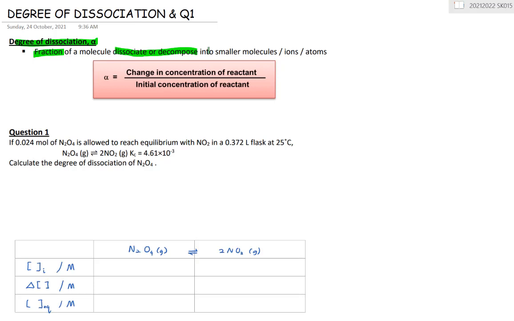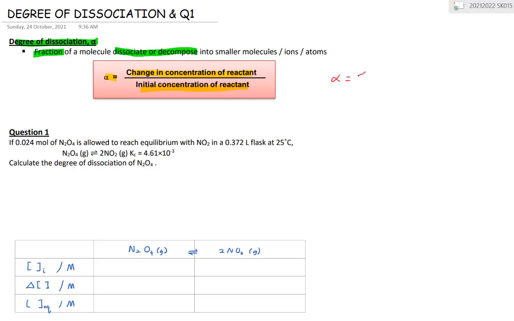Or it can also refer to the amount of substance that has been used or reacted in a particular chemical reaction. So the formula is alpha equals the change in concentration of a reactant over the initial concentration of a reactant.